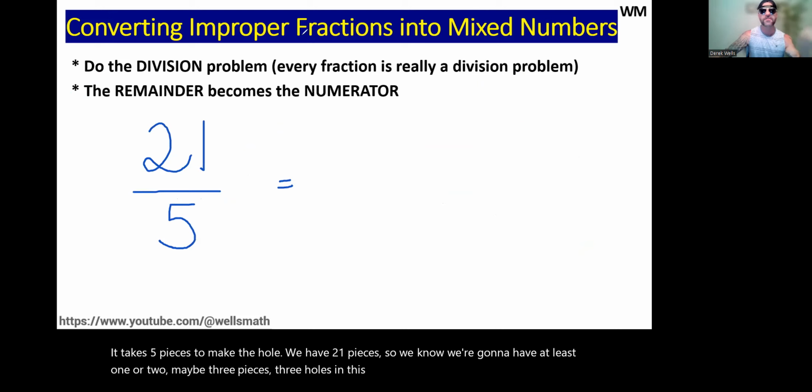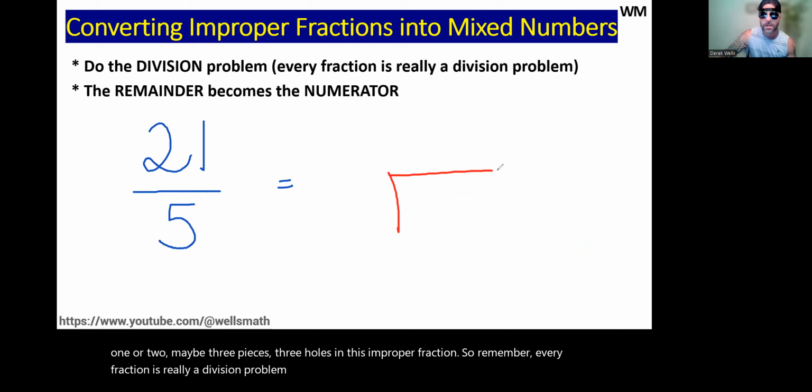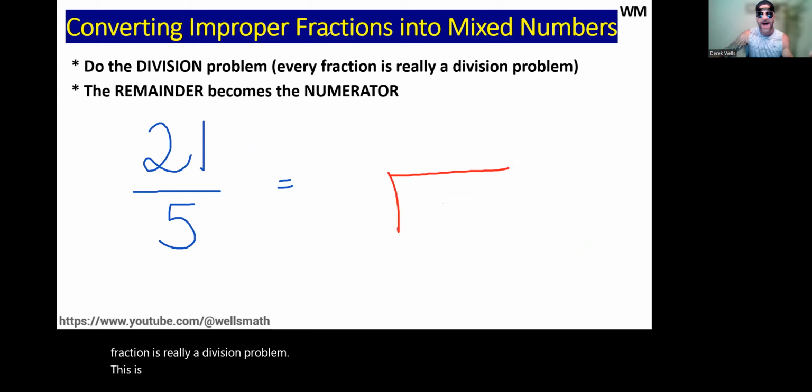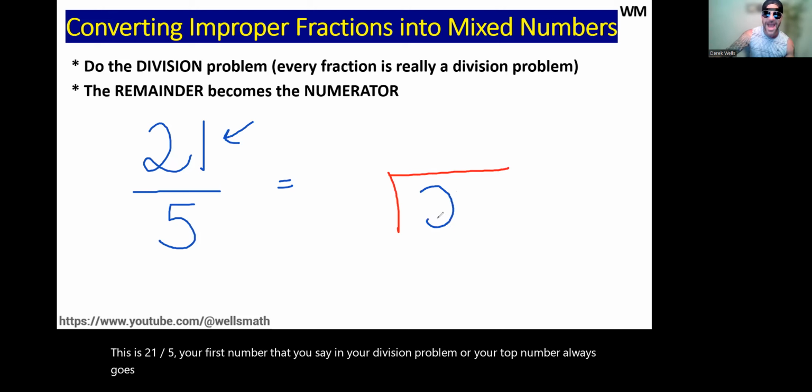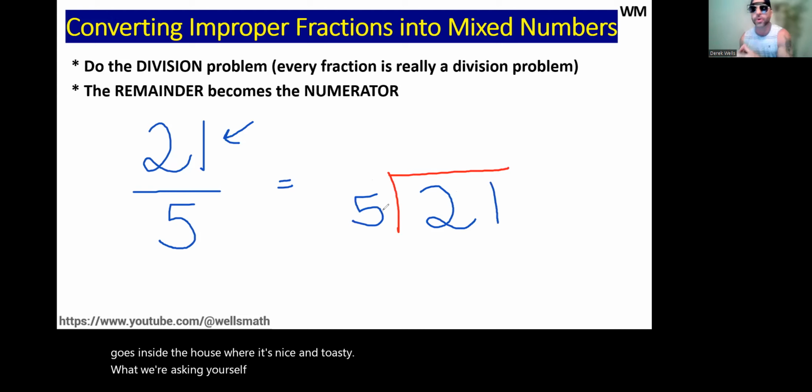So remember, every fraction is really a division problem. This is 21 divided by 5. Your first number in your division problem, or your top number, always goes inside the house where it's nice and toasty. What we're asking ourselves is, how many groups of 5 will go into 21?